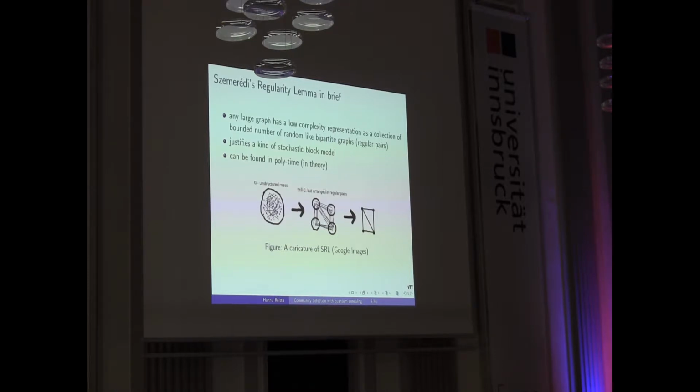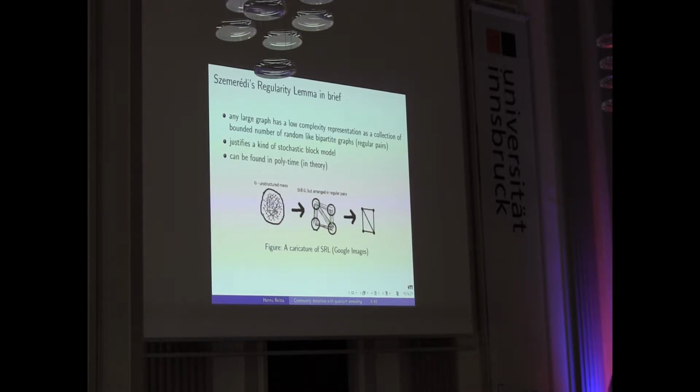It states that any large graph has this kind of partitioning of nodes into bounded number of sets in such a way that if you look at the links between these sets, they are called regular pairs.